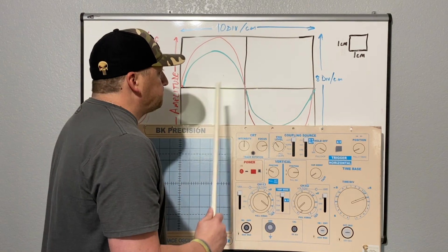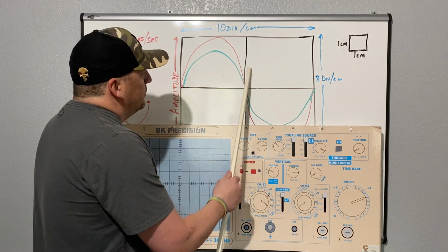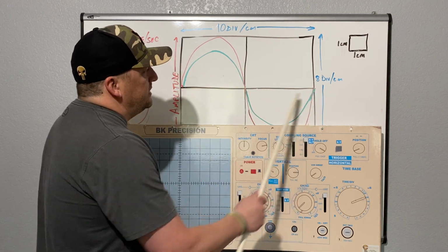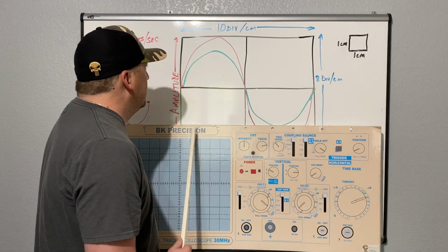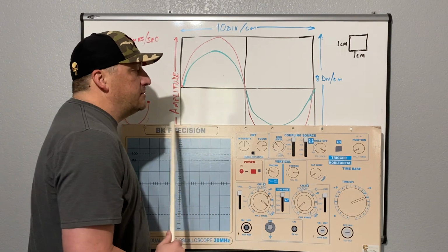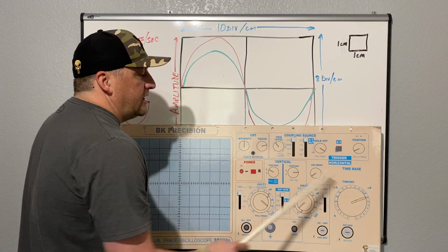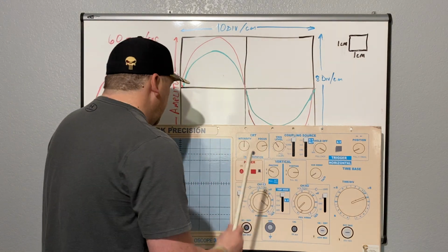So my total time to complete this one trace or this one cycle is going to be 200 microseconds, because that's what I've got it selected to there, and it takes up the whole screen.